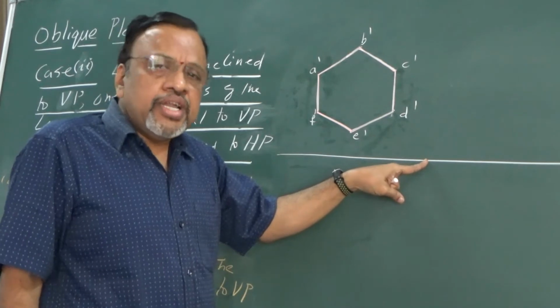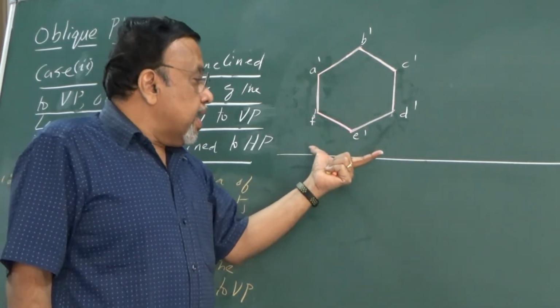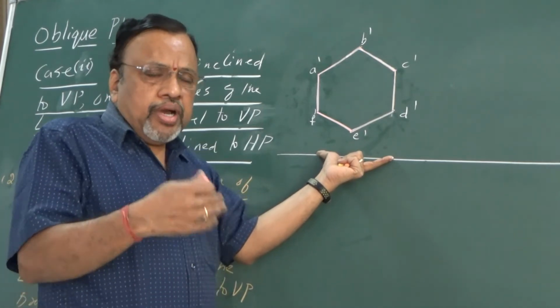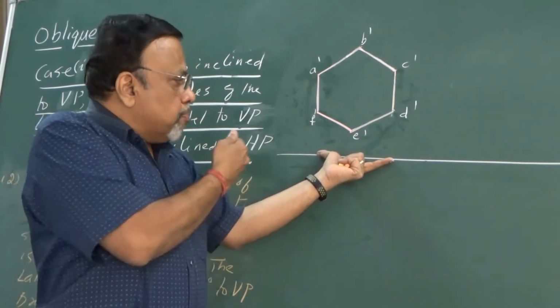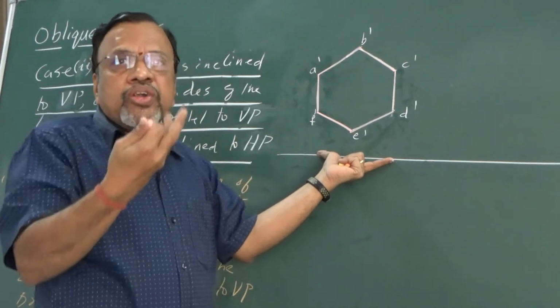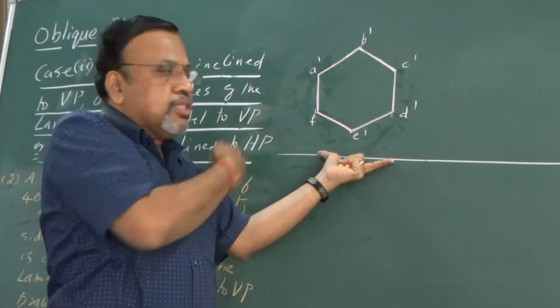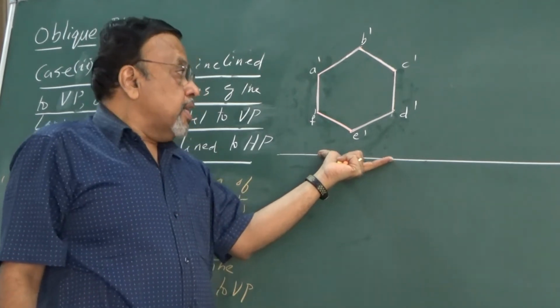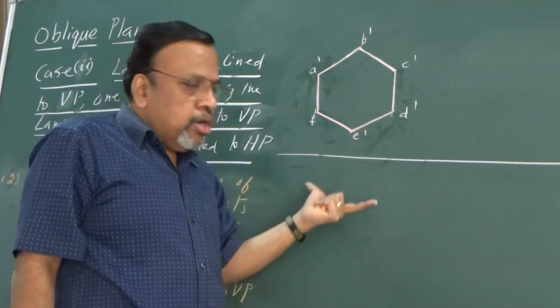That is the reason initially I can assume the entire lamina is resting on VP itself. If you remember, in the previous problem I had just taken that particular side parallel to HP. Or if in this particular case I had also given that this side AF is parallel to VP, I would have taken this lamina below the XY line.